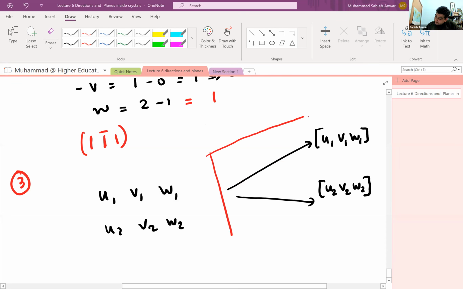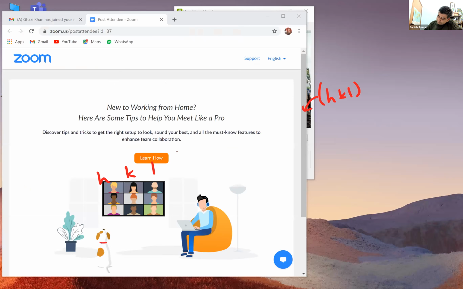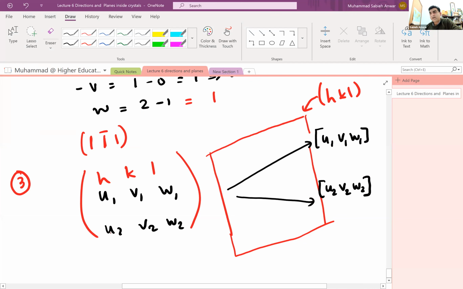Some plane will harbor both of these directions. You can always form a plane that captures or has both of these directions in it. And the unknown indices are h, k, l. So I form a similar matrix, and through a similar procedure, as I've done before, I can find out the Miller indices h, k, l.